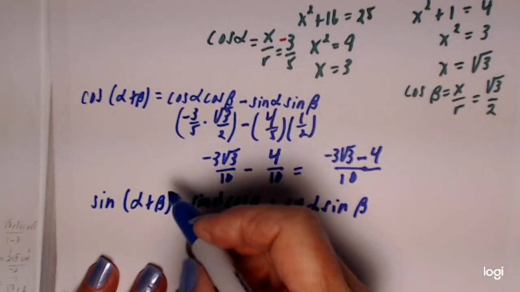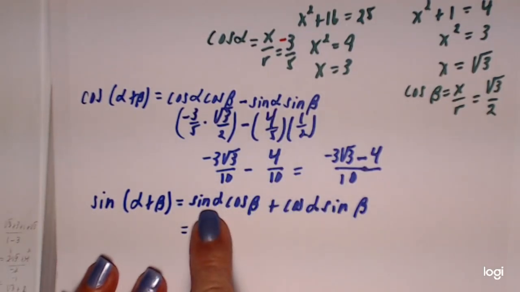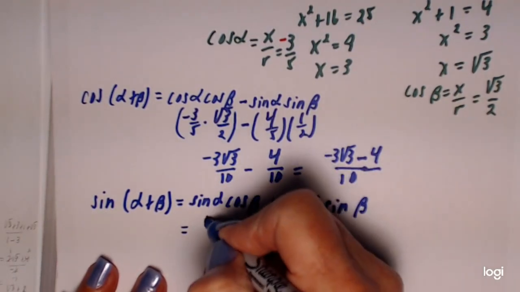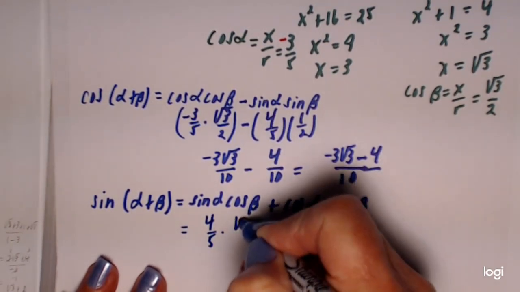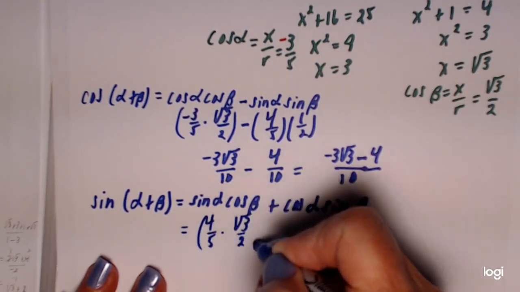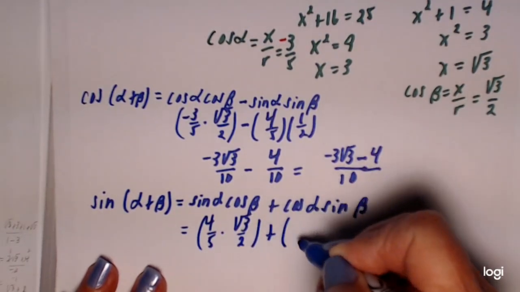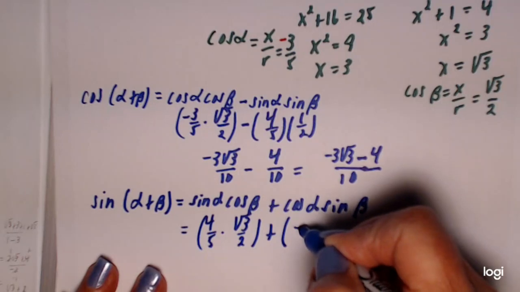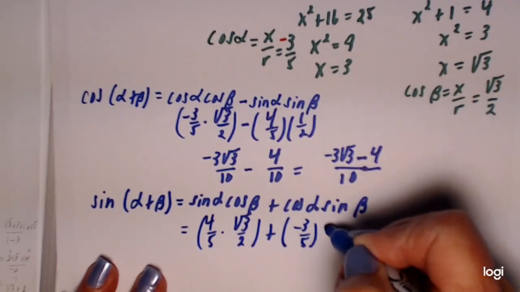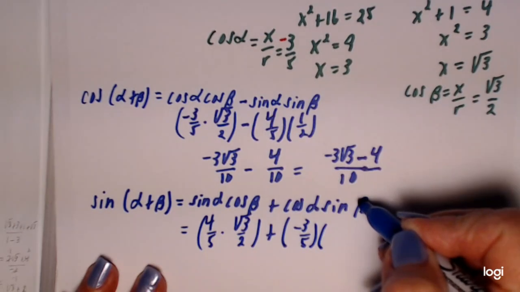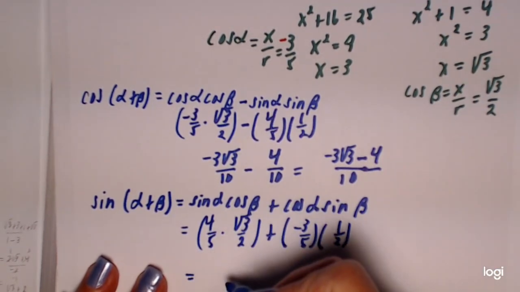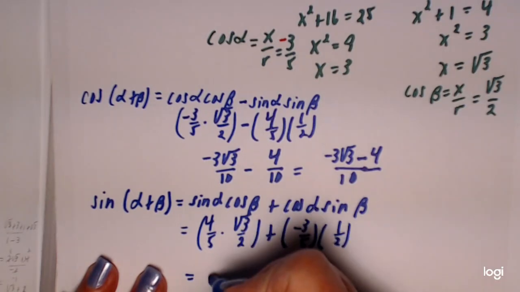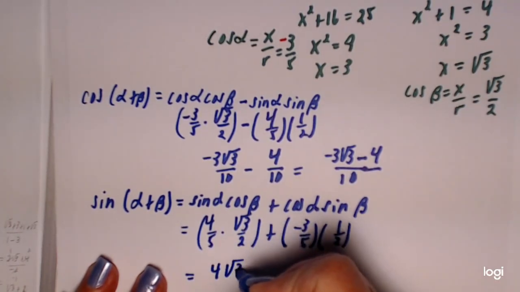And now we have the sine of alpha, which is our 4/5, the cosine of beta, which is our radical 3 over 2, and now the addition, the cosine of alpha is negative 3 over 5, and the sine of our beta is 1/2. So doing the multiplication, 4 times the square root of 3 is 4 square root of 3. 5 times 2 is 10.